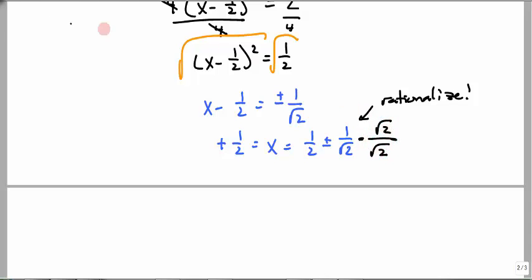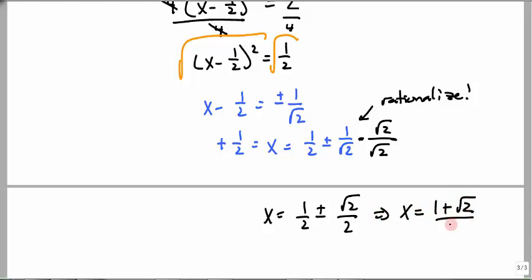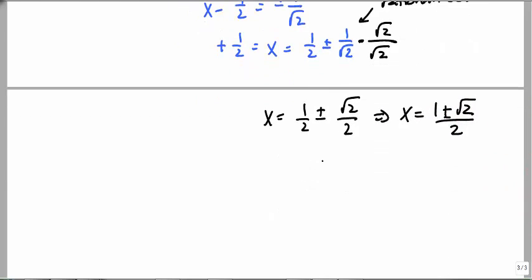So we multiply top and bottom by root 2, and I'd be left with x equal 1/2 plus or minus the square root of 2, and then root 2 times root 2 is 2. And then I can write this as a single fraction, 1 plus root 2 all over 2. Oops, and the plus or minus is in there as well. Now when we write our solutions, that's 1 minus root 2 over 2, 1 plus root 2 over 2.